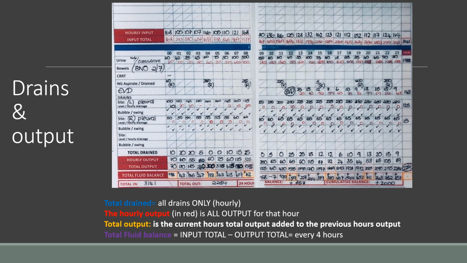And what we end up with is a complete cumulative balance for the patient's entire stay. And it's that number that becomes incredibly important for the ward round to guide dialysis. It can mean the difference between your patient going onto dialysis or coming off, or giving furosemide or other diuretics. So be very, very diligent with fluid balance documentation at midnight, please.